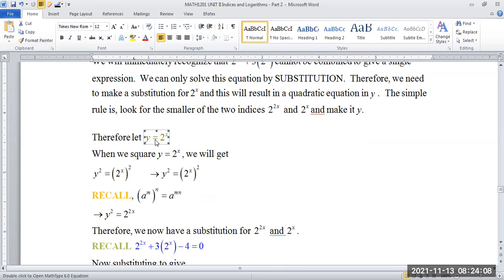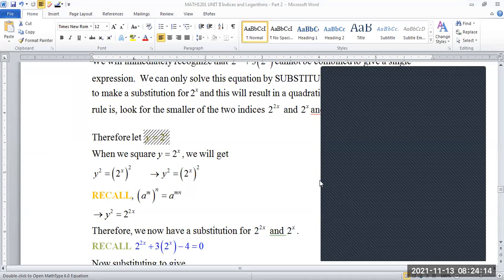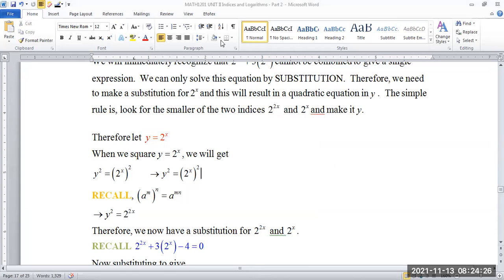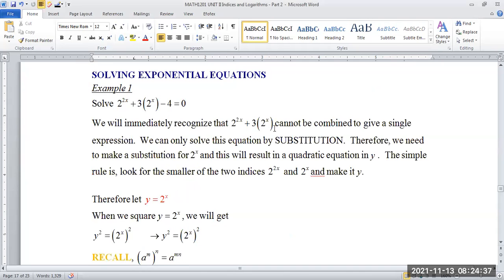So therefore, we're going to let y be equal to 2 raised to the x power. Now, when y is equal to 2 to the x, we are only able to make a substitution for this 2 to the x.